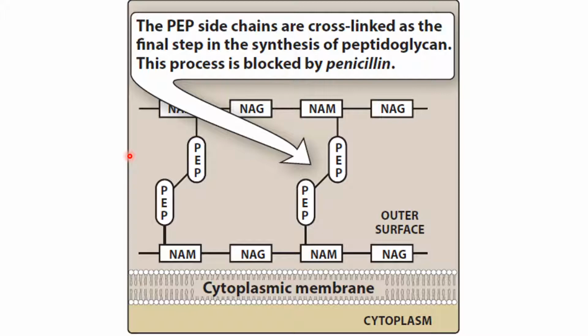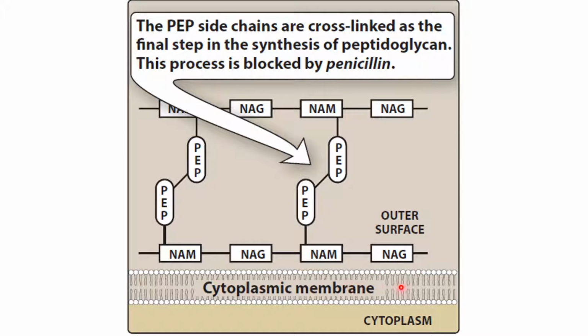The mechanism of action of the penicillins is based on interference with the synthesis of peptidoglycan, which is the structural component of the cell wall. Bacteria have a cell wall in addition to the cytoplasmic membrane.